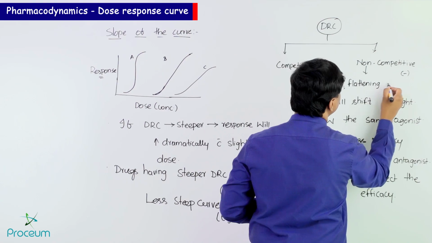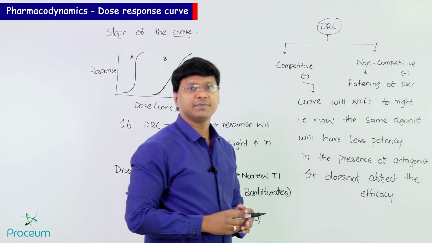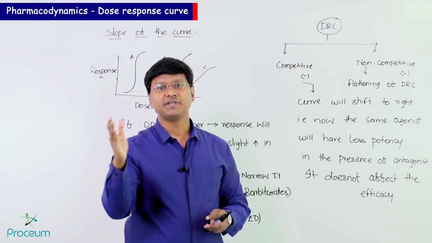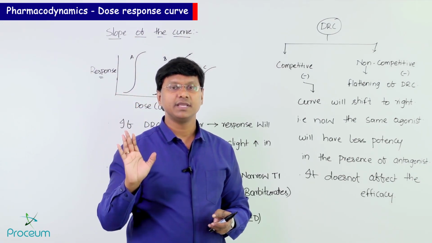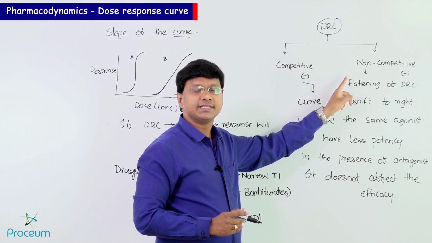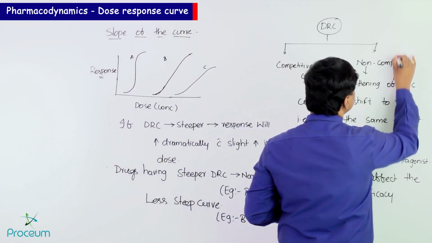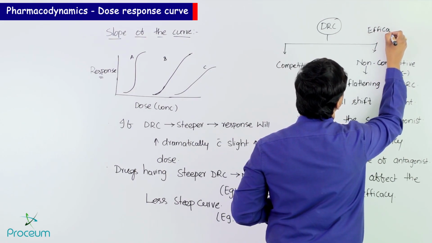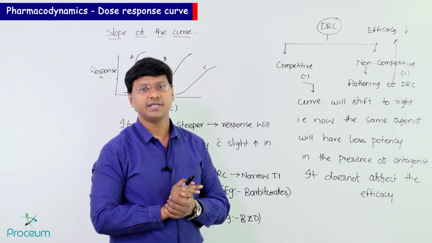Now what do you mean by the word non-competitive inhibitor? Non-competitive inhibitor means it is an irreversible inhibition. Here there will be flattening of the dose response curve. So what does that mean? This means that the efficacy decreases.